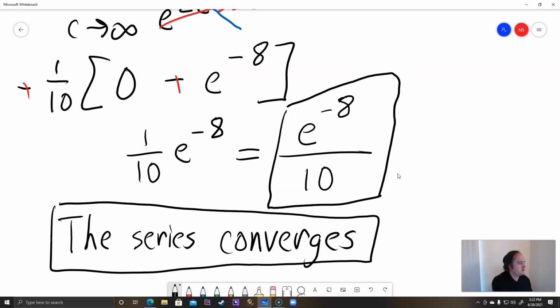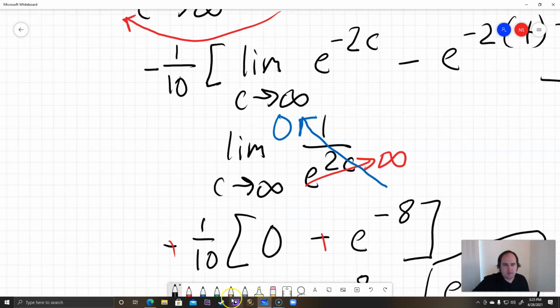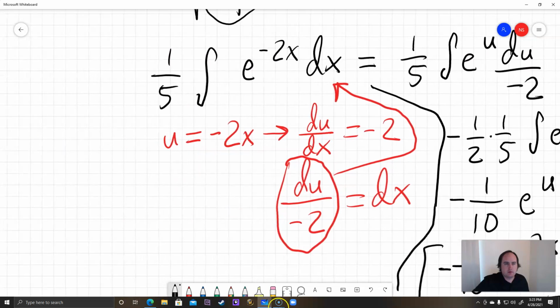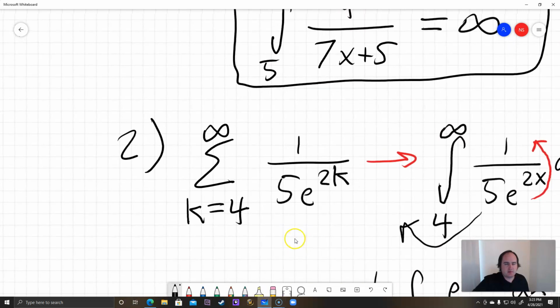And I recommend using view an example if you don't remember everything. But the basic idea is you're just going to be plugging in, and you're going to rewrite your series as an integral, and then you just plug stuff in. So I think I'm just going to help you set up the next problem, but I'm not going to do the whole thing. Okay, I just want to help you set up the next problem for your homework.